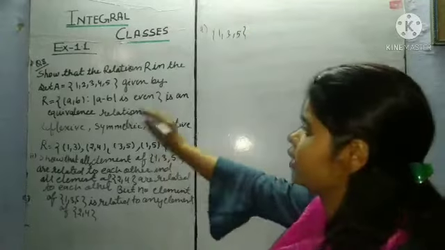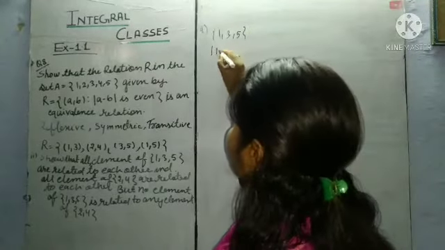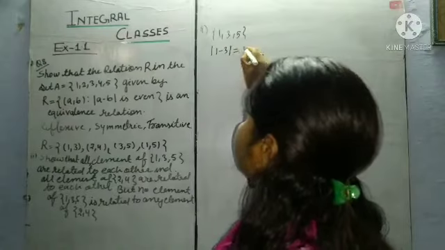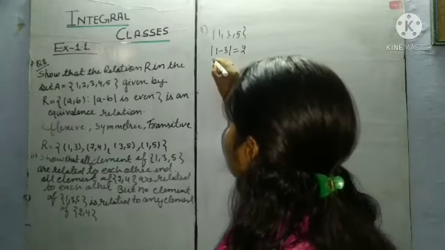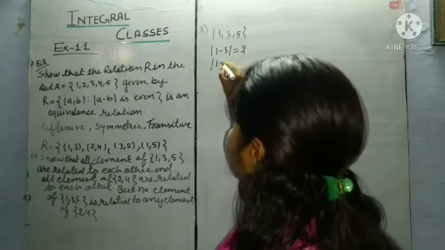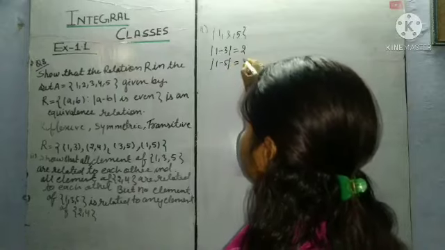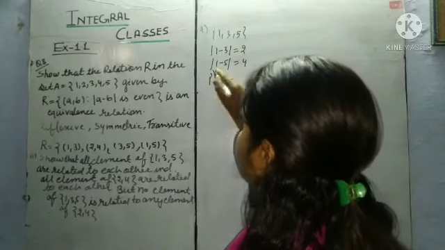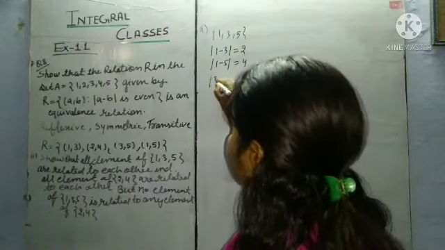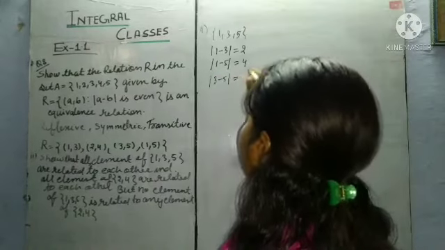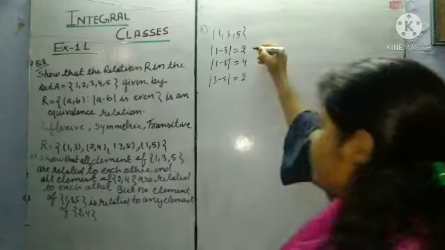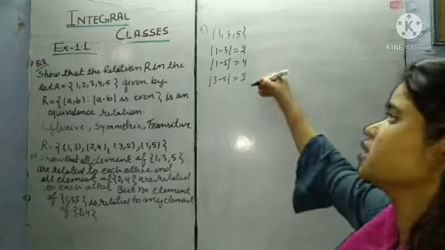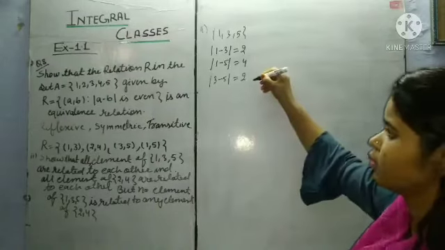Now if we write the relation, 1 minus 3, then we will get 2. Again 1 minus 5 gives 4 and 3 minus 5 gives 2. As we observe here, in all these conditions we get an even number.